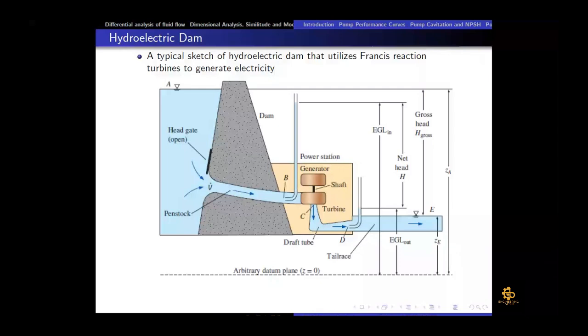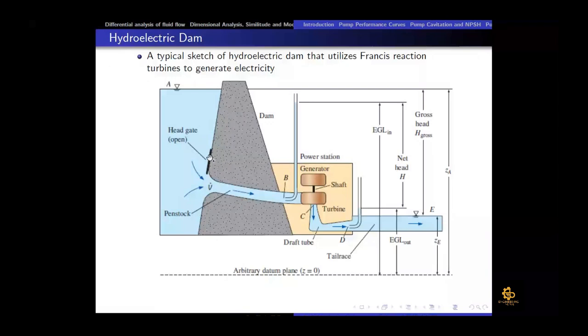That was due to a shortage of water as well as some maintenance activity going on in the Warsak Dam, I think. So if we want to close the operation of the dam, we close this head gate. We can control the volume flow rate coming to the turbine by the position of this head gate, right? The path from the head gate up to the turbine we call the penstock.